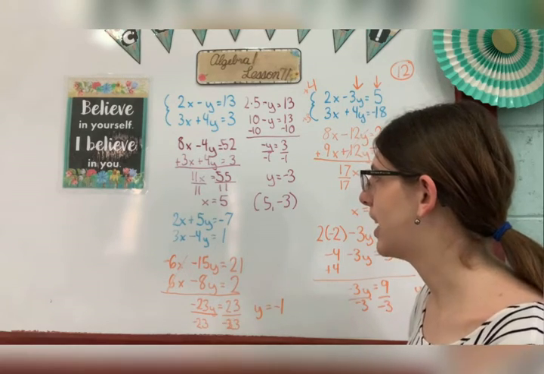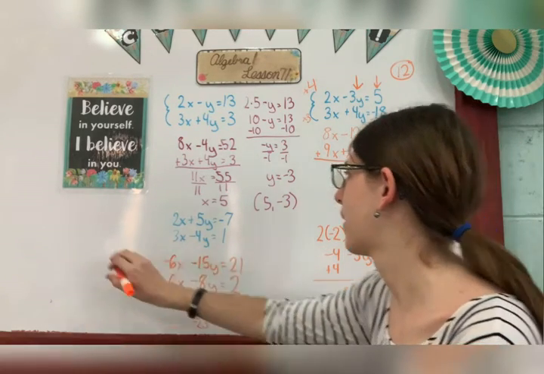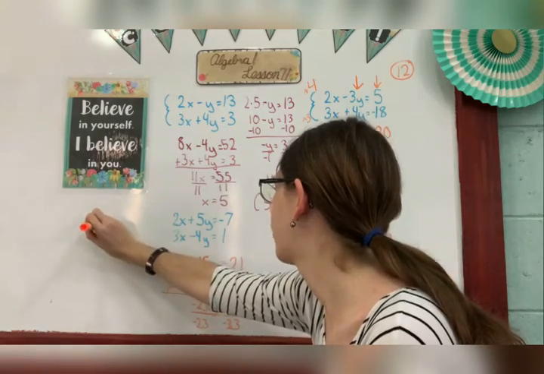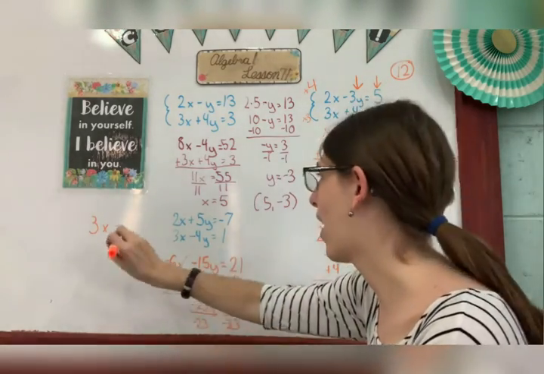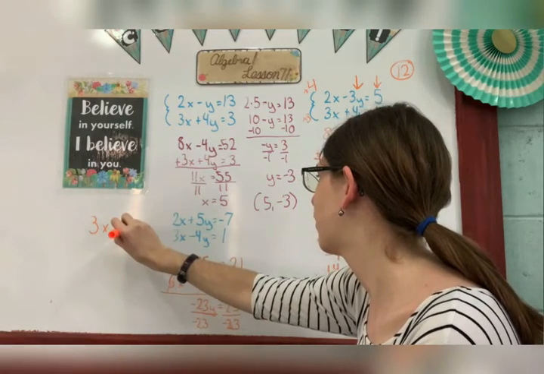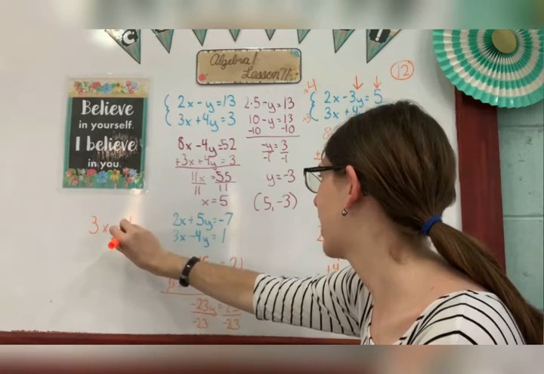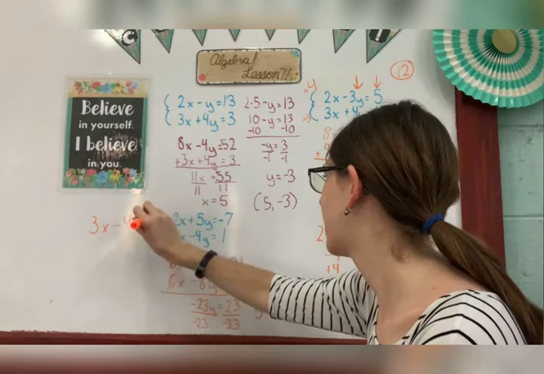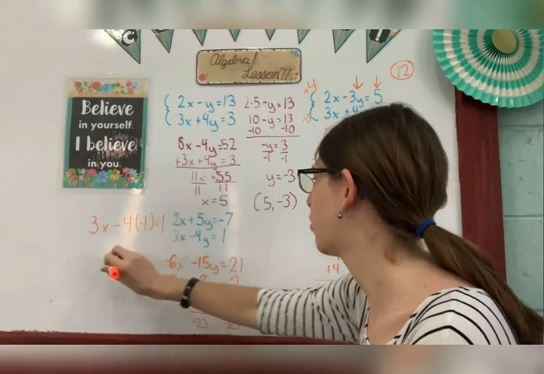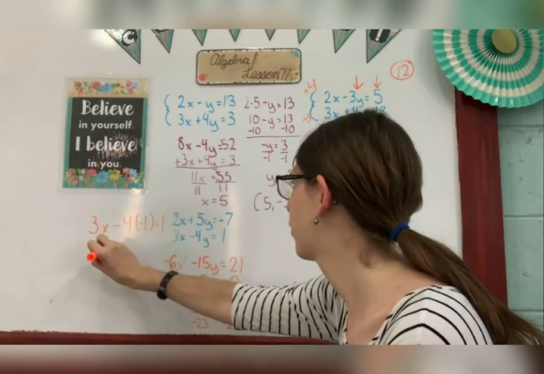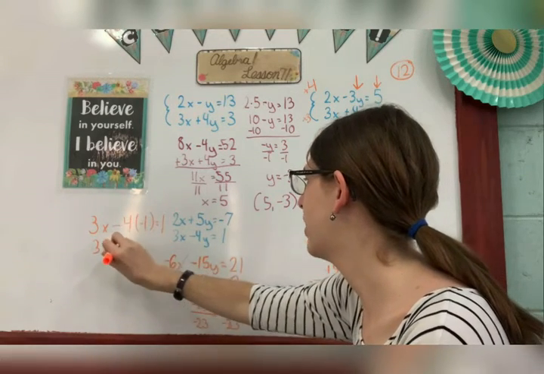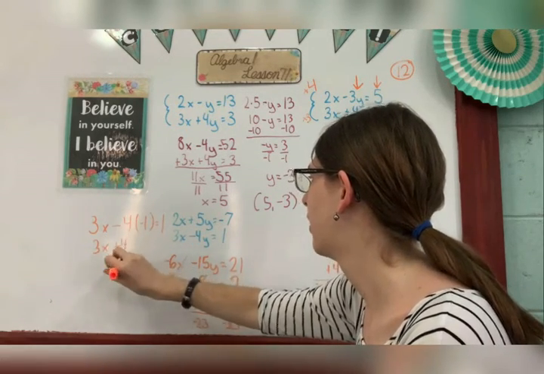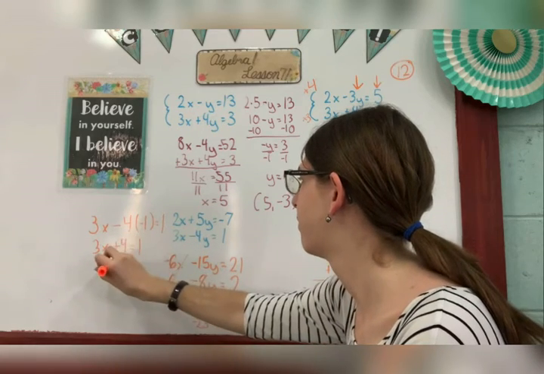Now I put y back in place of y in my second equation. So I have 3x minus 4 times the -1 equals 1. 3x, -4 times -1 becomes +4 equals 1.